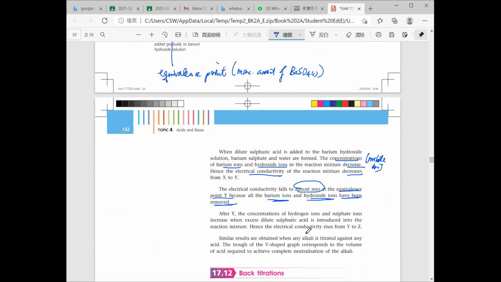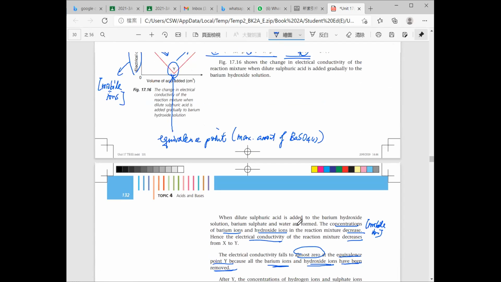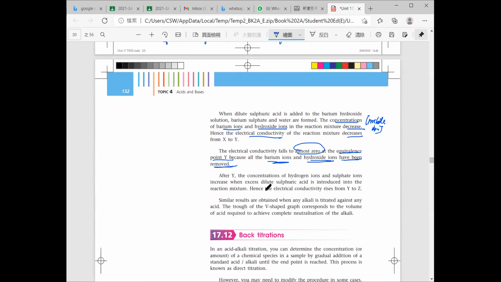All right. So after Y, whenever I add the chemical to it, it is sulfuric acid, which will no longer react with other chemicals. So in other words, we are adding more mobile ions there.